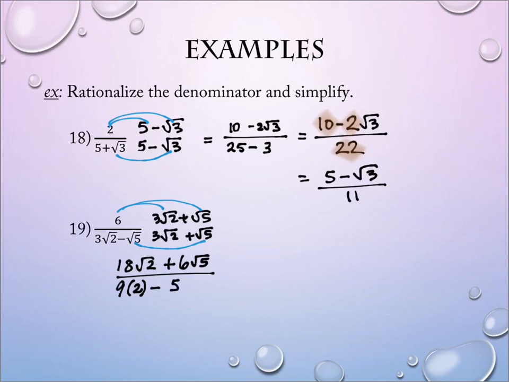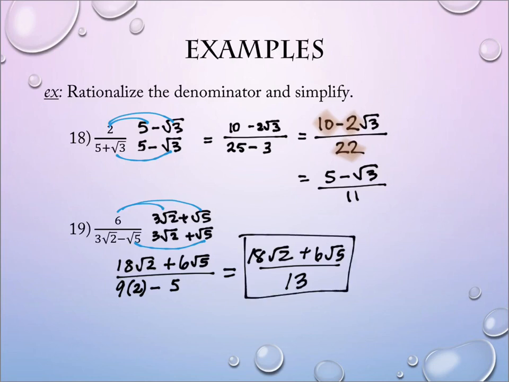Square root of 5 times square root of 5 is 5. So I have 18 square root of 2 plus 6 square root of 5 over 9 times 2 is 18. 18 minus 5 is 13. Did I get that right? Yep. And 13 does not divide with the 18 or the 6, so I can't actually divide anything out of those pieces, and I'm done.